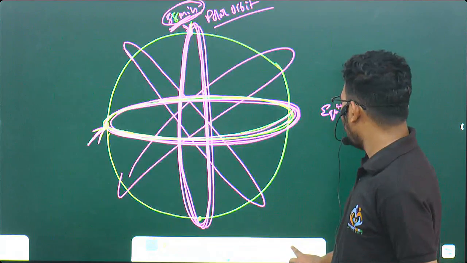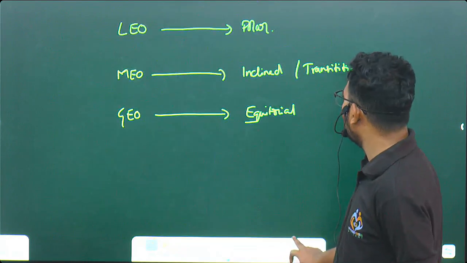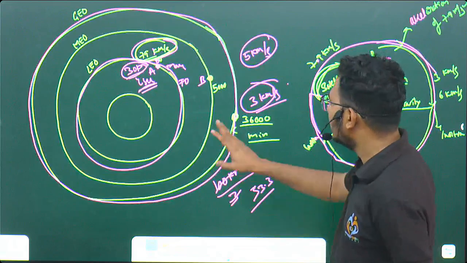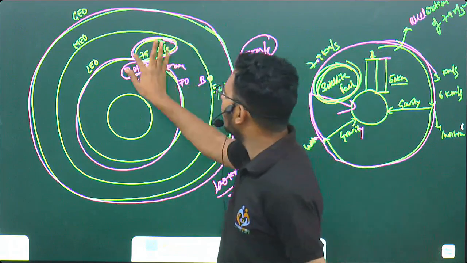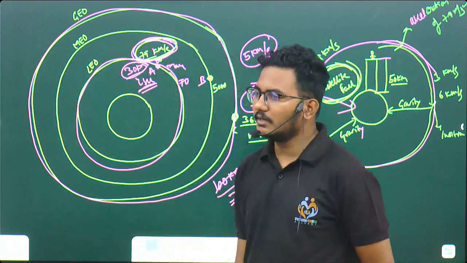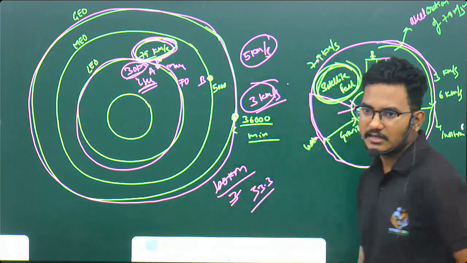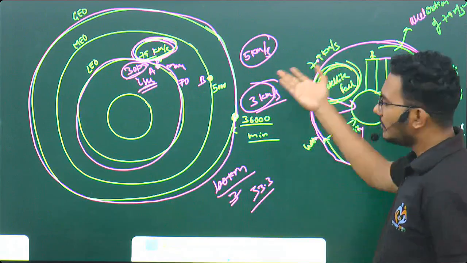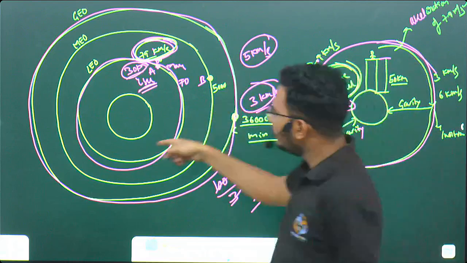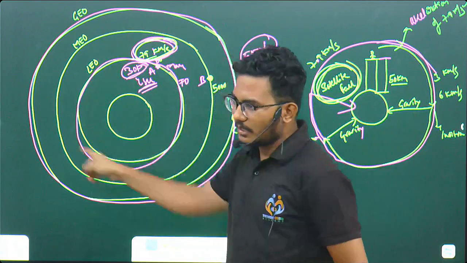And then I told you why satellites will not fall on the Earth's surface. It needs speed to maintain the necessary acceleration. If it can maintain the necessary acceleration, it will balance gravity, and it will keep maintaining itself in the orbit.